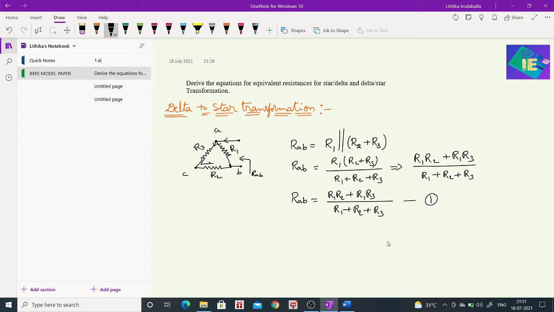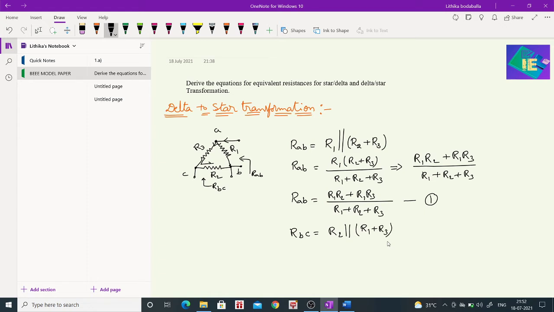Similarly, you find the equivalent resistance between terminals B and C and name that RBC. If I find RBC, what will I get? RBC is equal to R2 parallel with, now R1 and R3 are in series. Why? Because we are finding the equivalent resistance between terminals B and C. Whatever the current coming in R3, the same current will flow through R1 also. So those two will be added up, R1 plus R3.